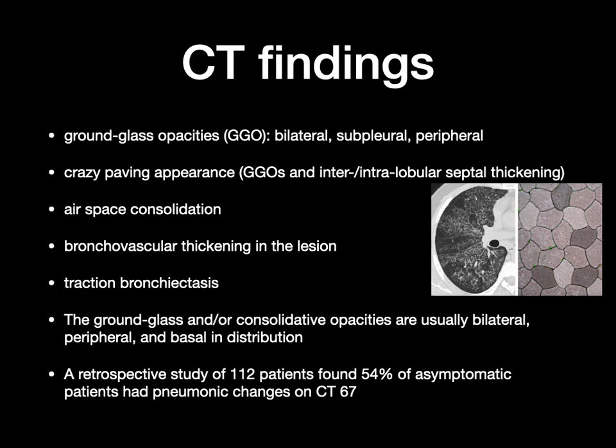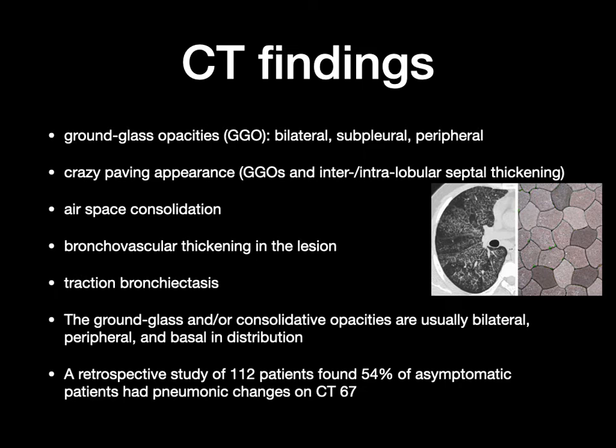CT findings: ground glass opacities are the most frequent changes. These are again bilateral but patchy, with spared areas and abnormal areas right next to each other. You have this crazy paving appearance. I'll put the example up here. This is really ground glass opacity with some septal thickening.